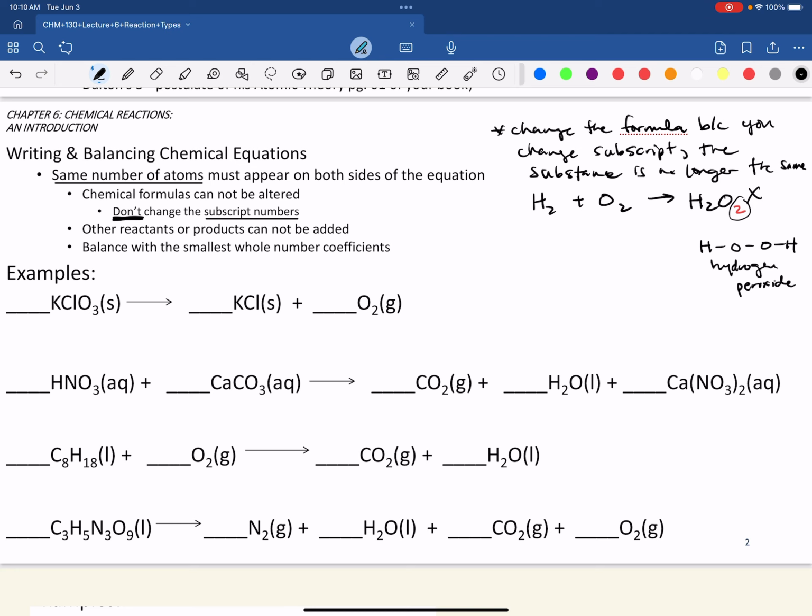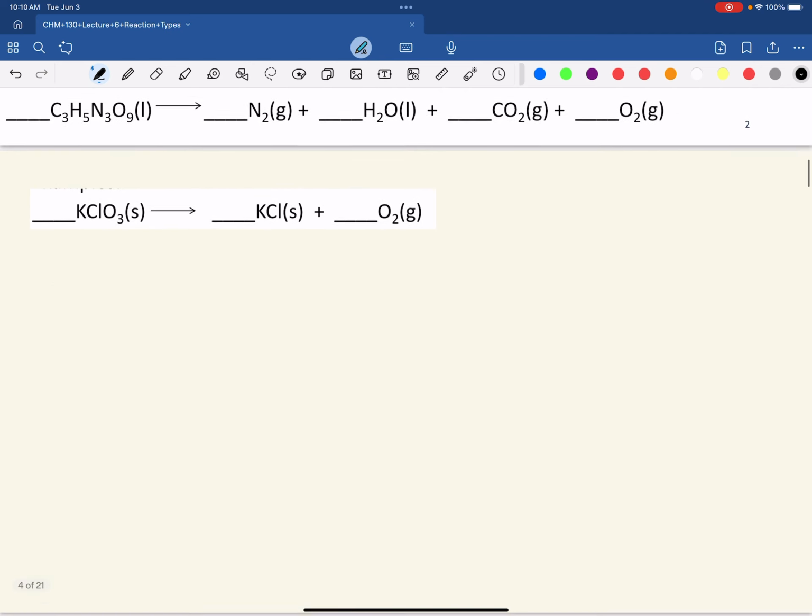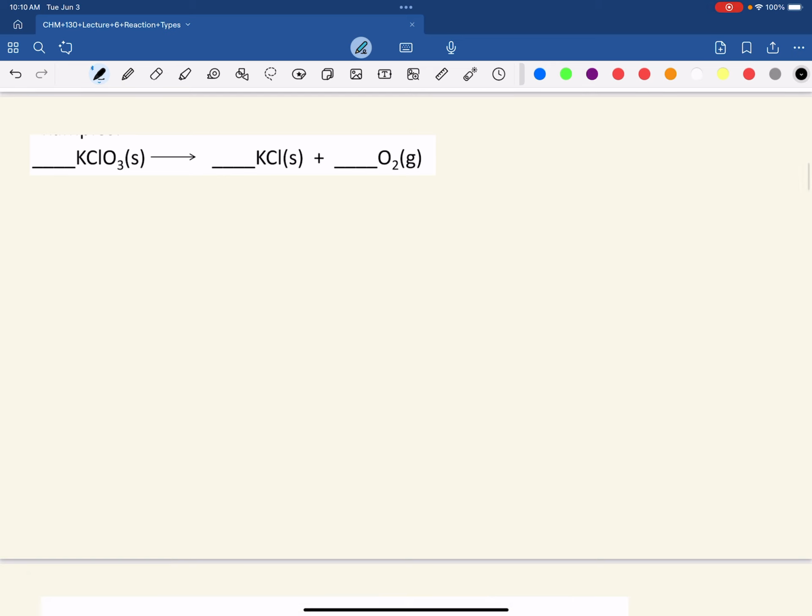All right, so I went ahead and copied the first equation onto a clean sheet of paper. And so I'm going to describe what I'm doing as I do it. So the first step is I'm going to tally the atoms or ions under the arrow.